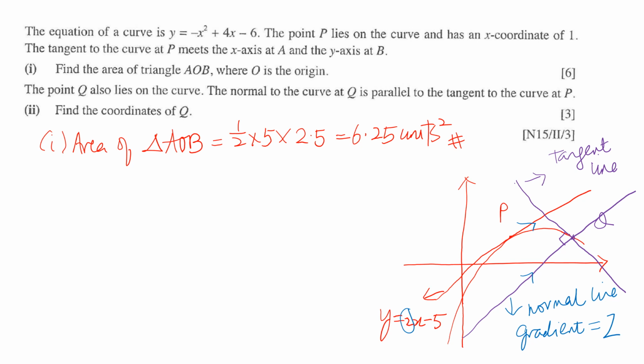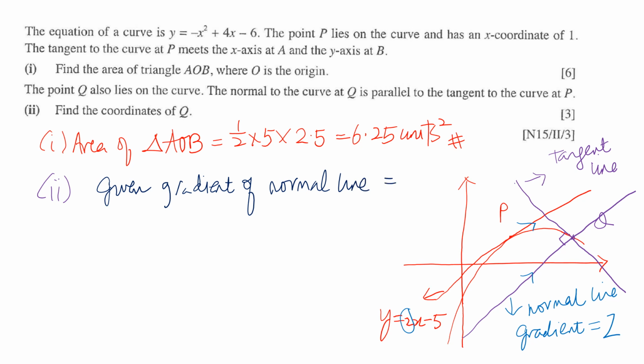Given that the gradient of the normal line is 2, the gradient of the tangent line will be -1 divided by the gradient of your normal line, because both of them multiplied together give you -1.